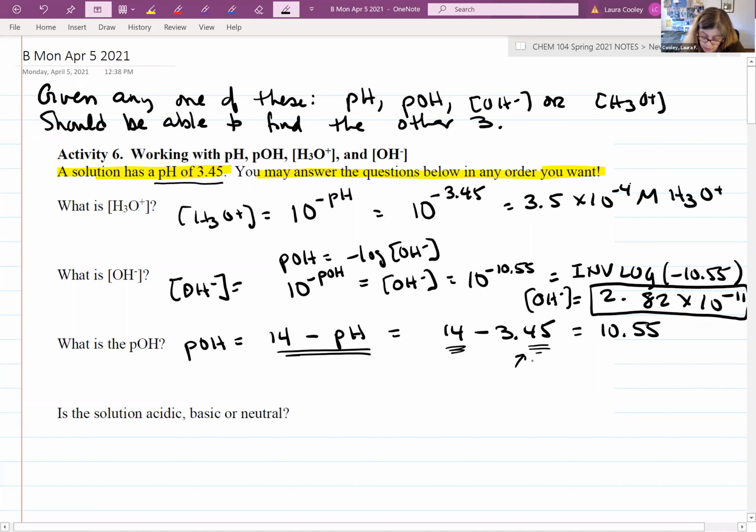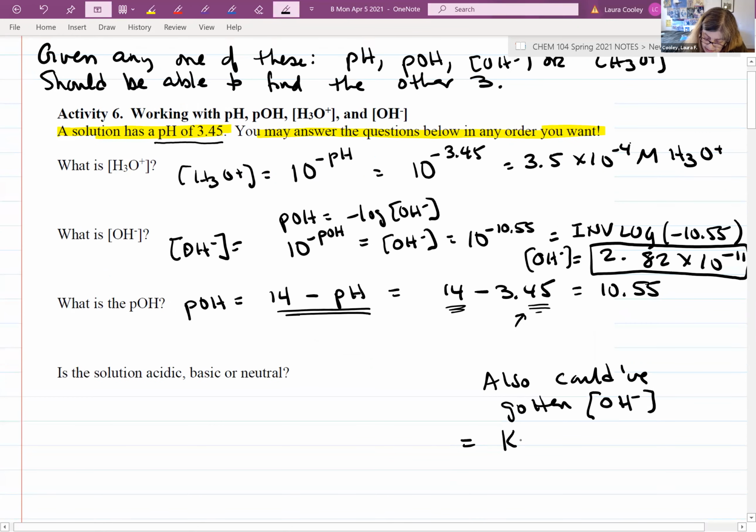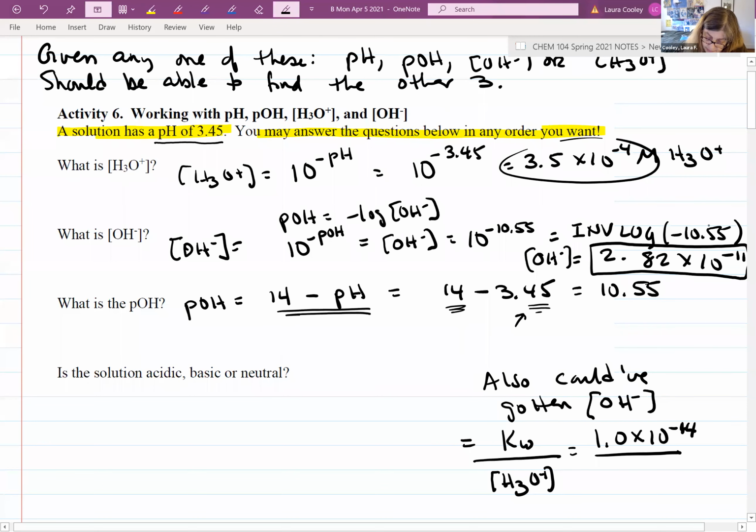But I also could have gotten the OH minus concentration from Kw and H3O plus. So that's 1 times 10 to the negative 14th over this number.